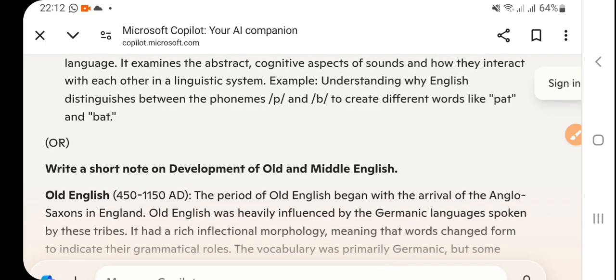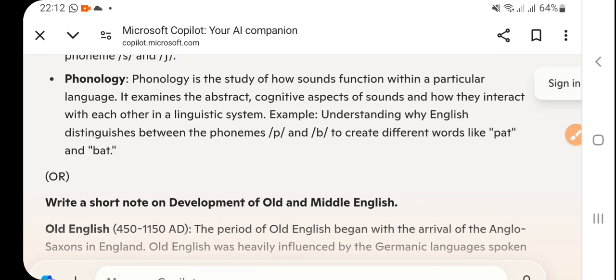Example, understanding why English distinguishes between phonemes P and B to create different words like pet and bed, right? I tell you, phonology is the study of how sounds function within a particular language, right? It examines the abstract cognitive aspects of sounds and how they interact with each other in a linguistic system.